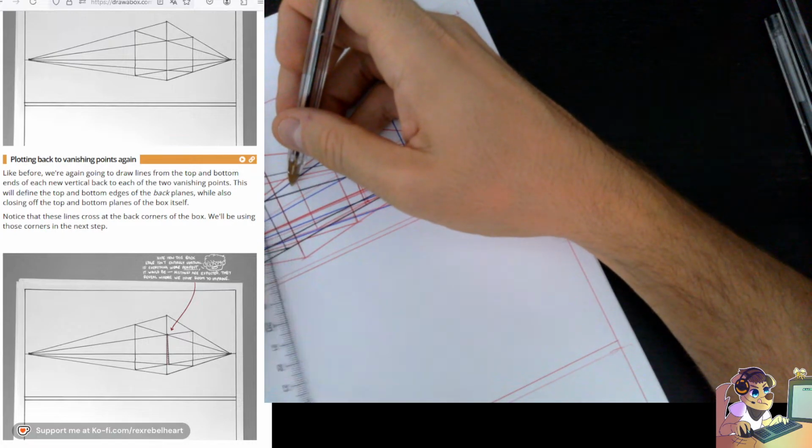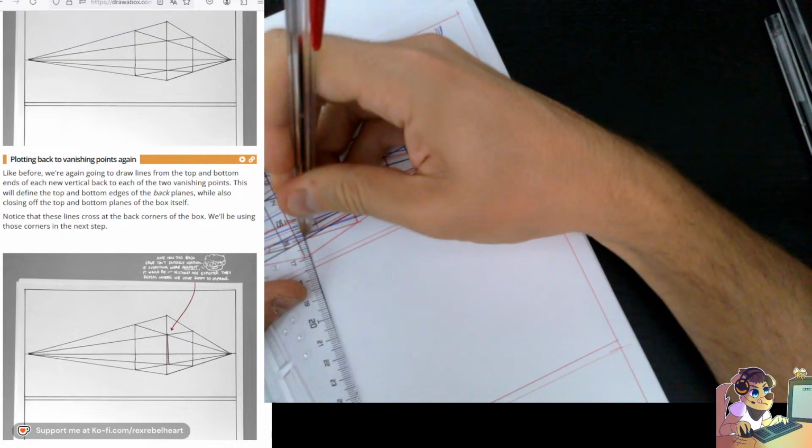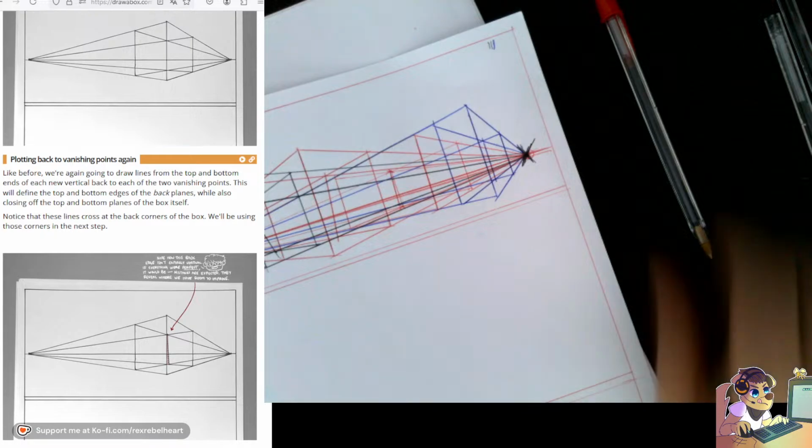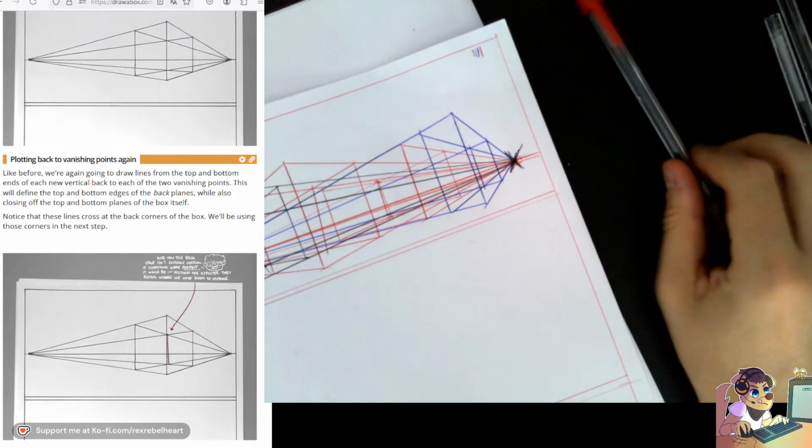This one's not great, is it? This one's not good at all. I knew that one wouldn't be great. I knew that one was not going my way.